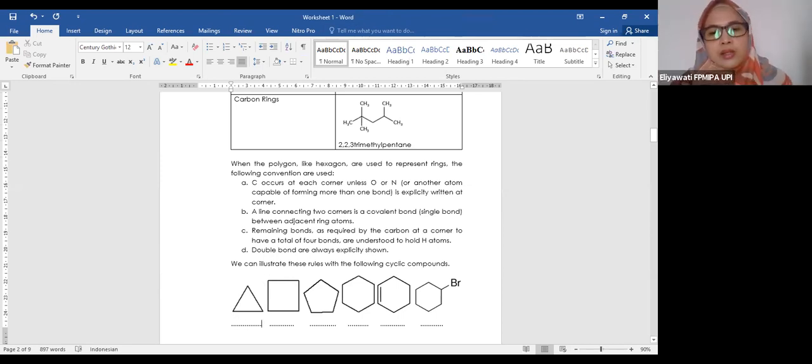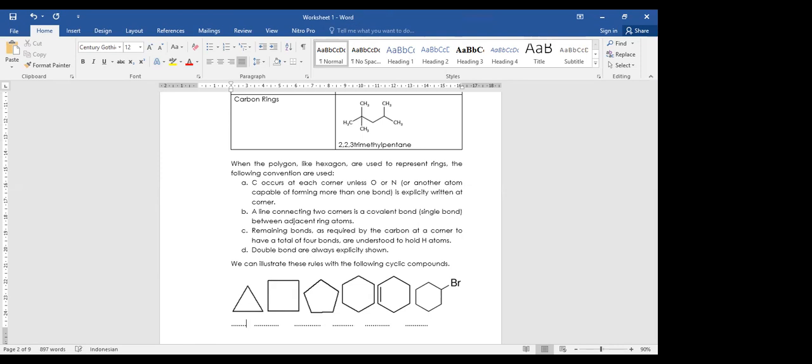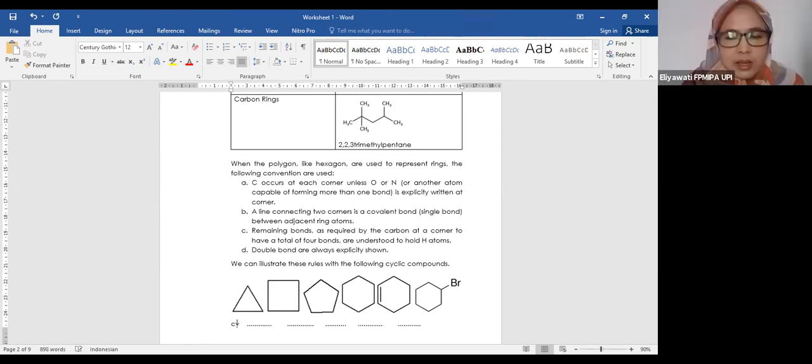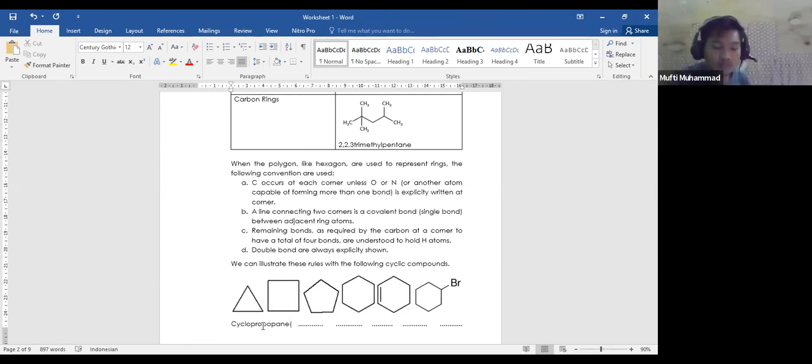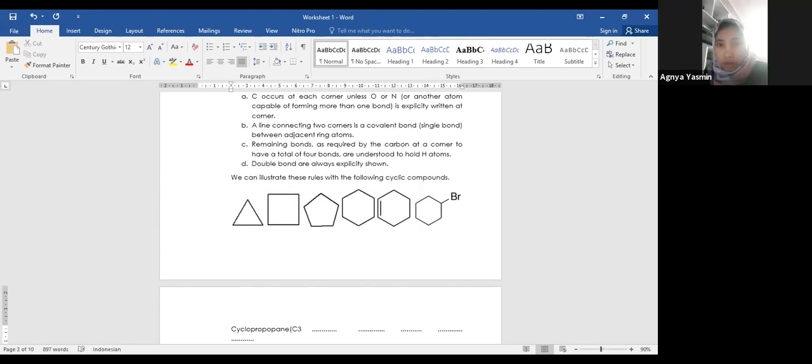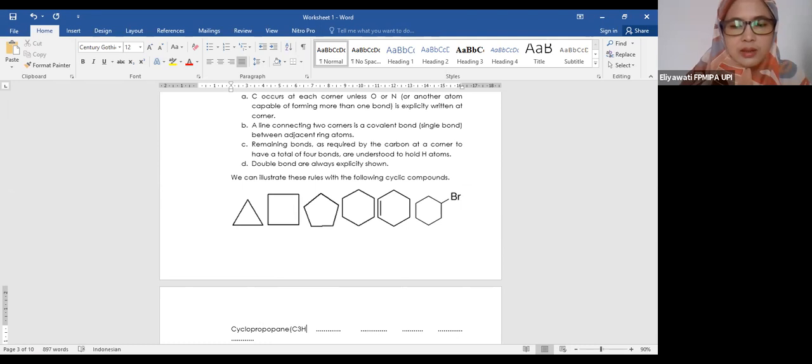So what is the chemical formula of cyclopropane? C3H6. Good.